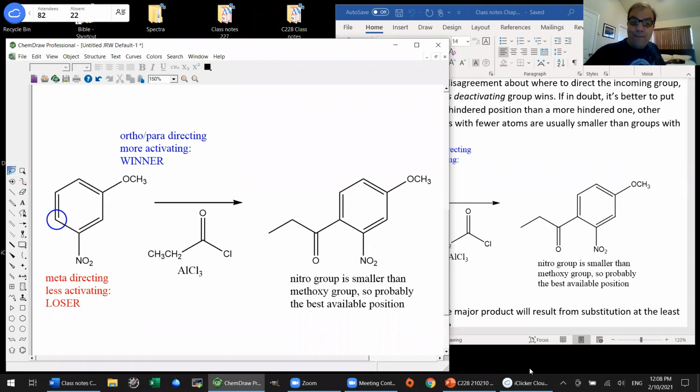And likewise, the meta-directing groups are all going to be electron withdrawing for one reason or another, either by virtue of having a plus charge directly attached to the benzene ring, like the nitrogen in the nitro group has a plus charge on it, and that's directly attached to the benzene ring. No wonder it's electron withdrawing. Or we talked about other groups that have maybe a partial plus charge on the atom directly attached to the benzene ring. What about carbonyl groups?